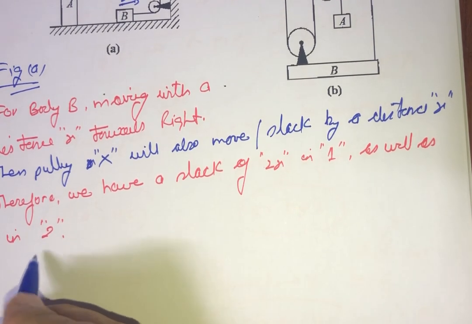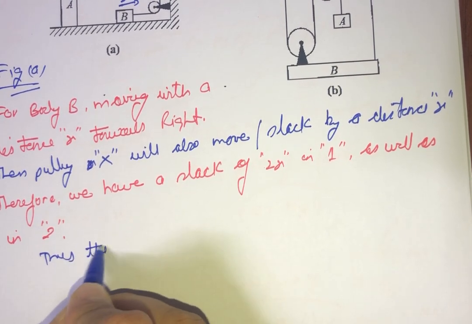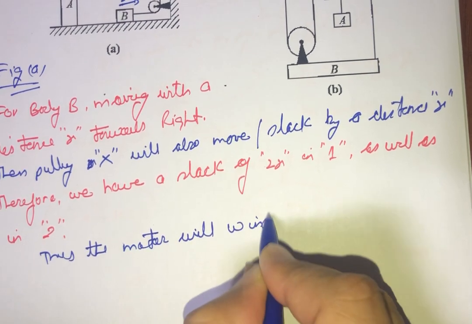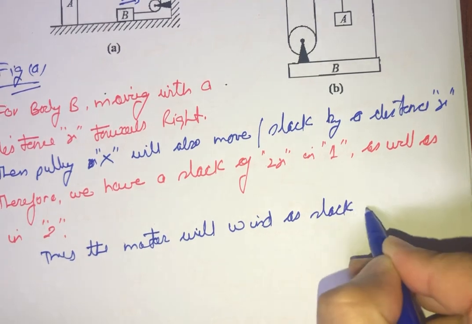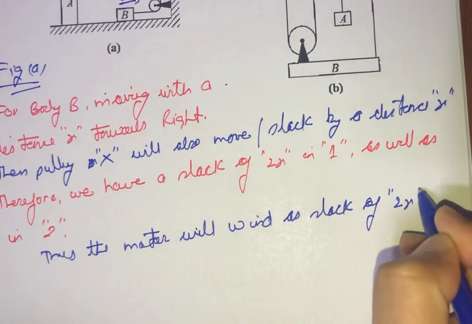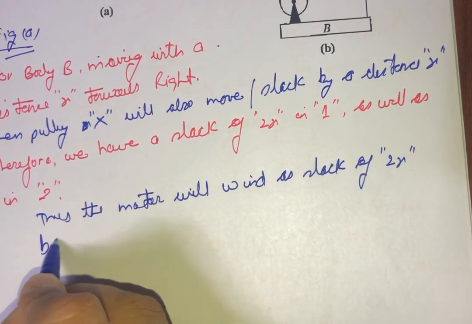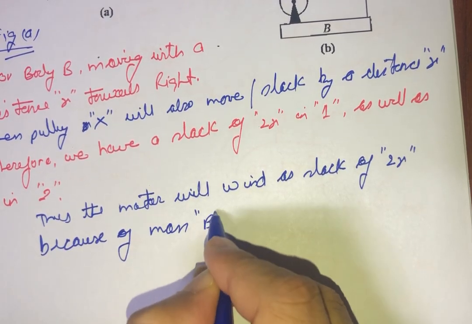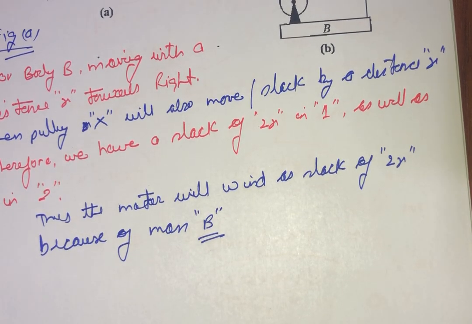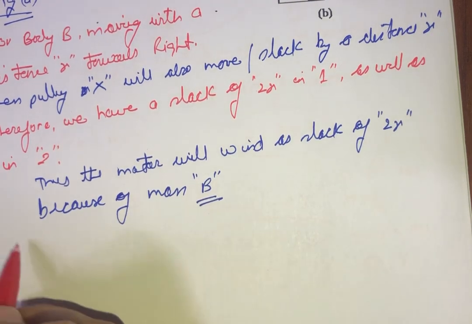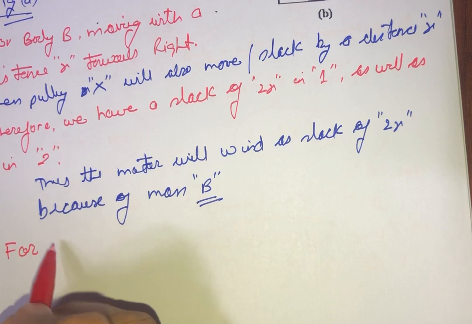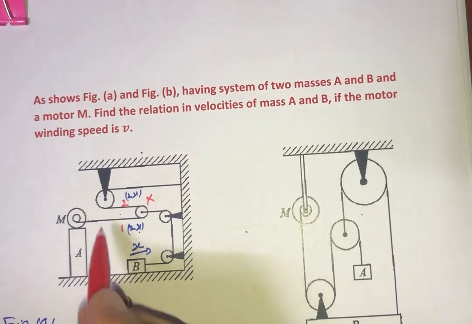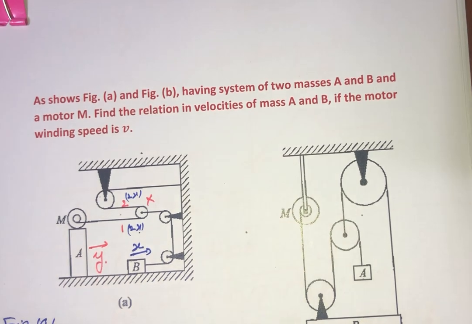Thus the motor will wind a slack of 2x because of mass B. Okay, and for mass A, let us say that mass A moves to the right by y distance.